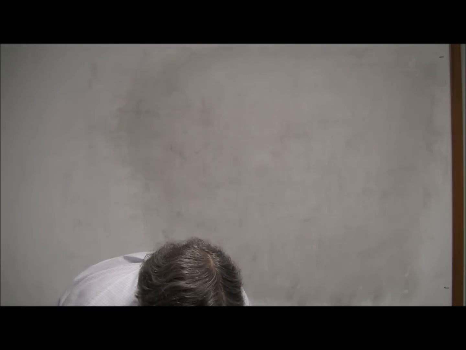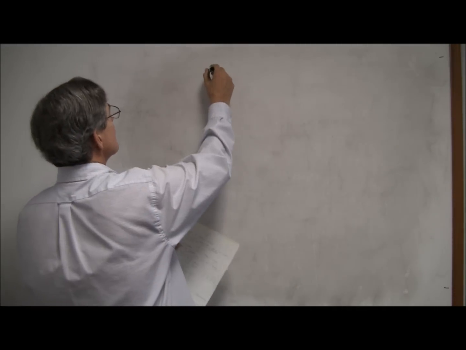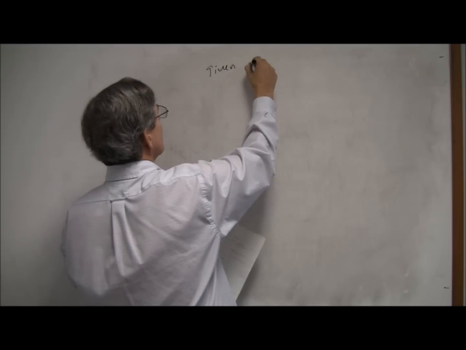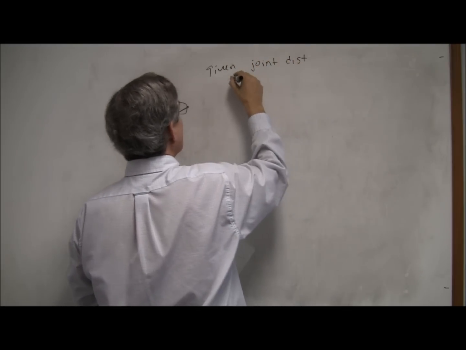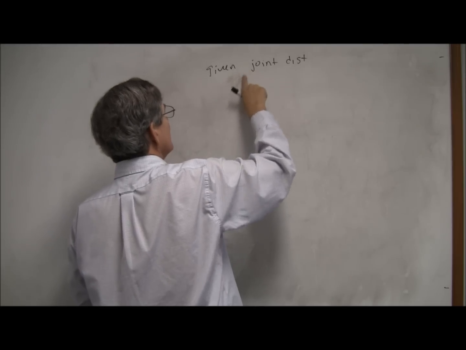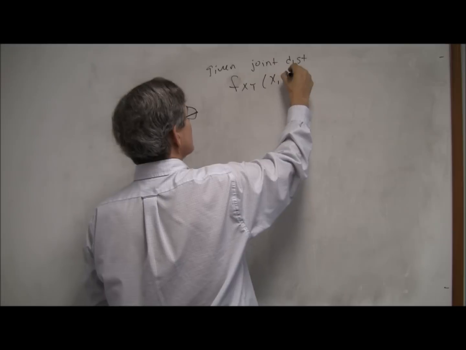So given the joint or bivariate distribution, I don't want the cumulative, I want the PDF, f x,y of x and y.